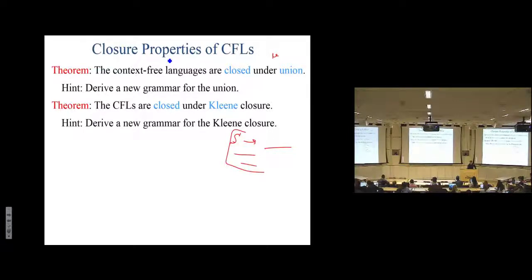The new grammar will have a new start symbol, call it S prime, that will either go to the old one, followed by another copy of the old one, or it will terminate with an epsilon. Let me make that a prime too.